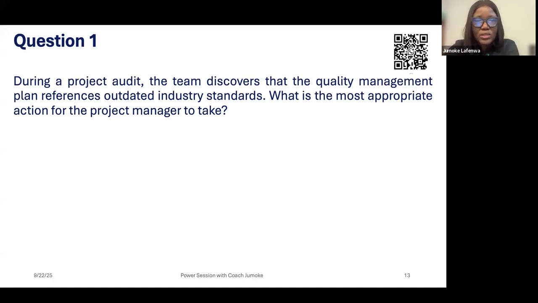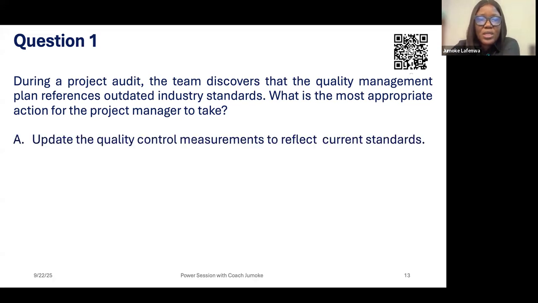So during a project audit, the team discovers that the quality management plan references outdated industry standards. What is the most appropriate action for the project manager to take?